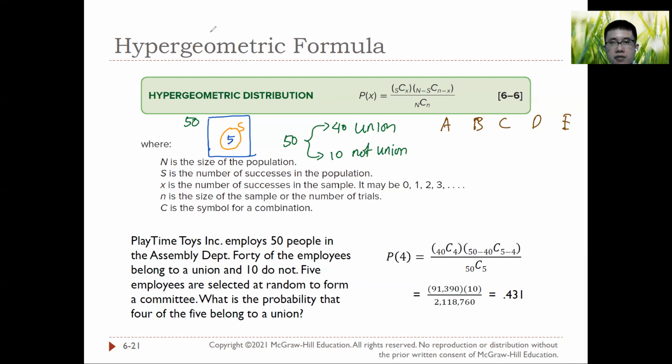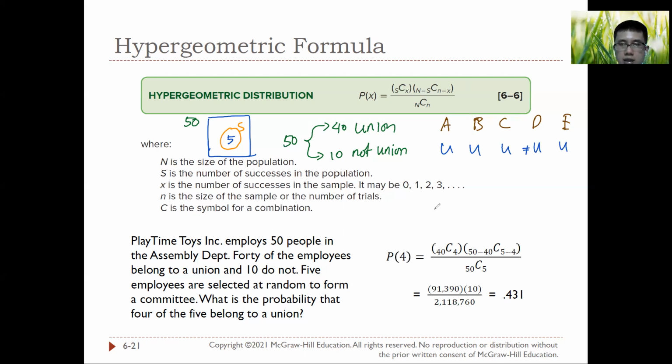So from 5, exactly 4 belong to union, and this one is not union. This is just an example case here: A, B, C, and E belong to union, and D does not.